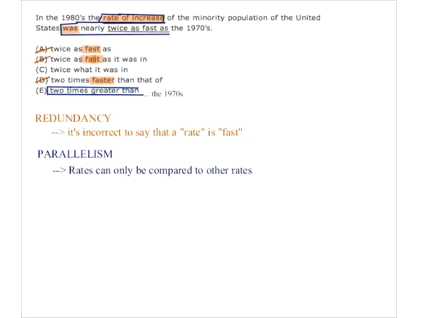So E is wrong because it says that a rate is 2 times greater than a decade. That's not parallel. Notice here this is fine.